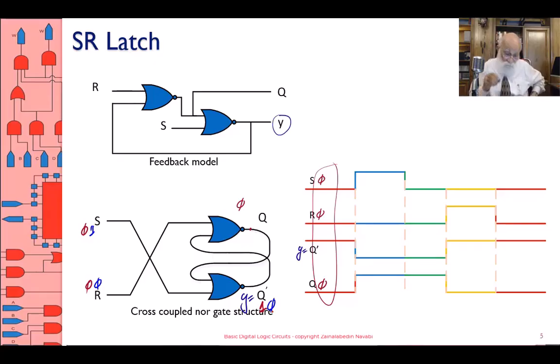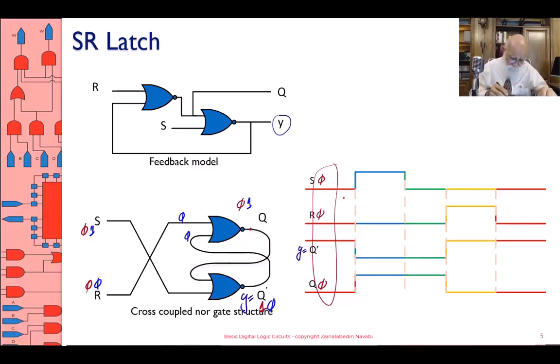Y to become 0. Since Y became 0, it feeds back to the upper gate, and therefore now I have a 0 here. Now I have a 0 here, and therefore what I have here is a 1. Okay? And then the circuit stays stable.